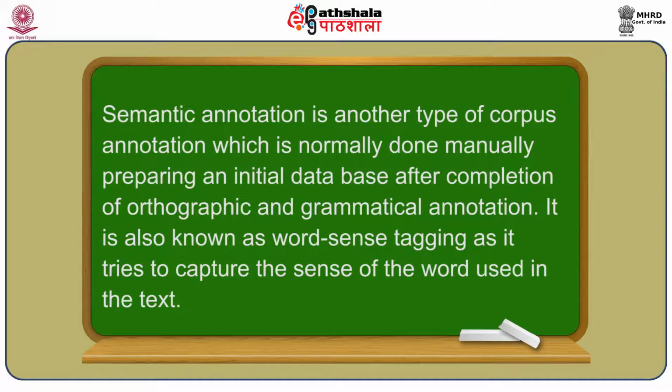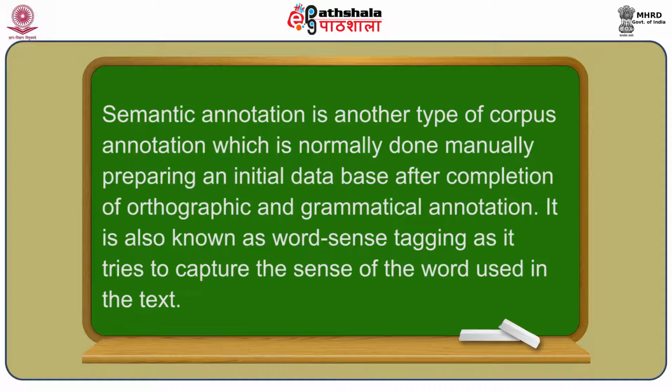So in semantic annotation, the basic tasks are that it aims to identify the semantic information of words used in a text. If a word is used as a noun, that is identified through the parts of speech tagger. The semantic annotator wants to identify whether this is a place name, or a person name, or an item name, or an emotion or an abstract noun or something like that.